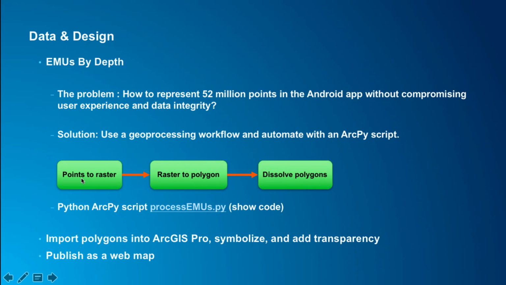We took the points and converted them to raster, and then from those rasters we created polygons, and then we dissolved those polygons using geoprocessing tools. And we then imported those polygons into ArcGIS Pro, symbolized them, and added some transparency to make the map look good. And then we published it as a web map and consumed it in Android. So let's take a look at some of the Python code that we used for this.